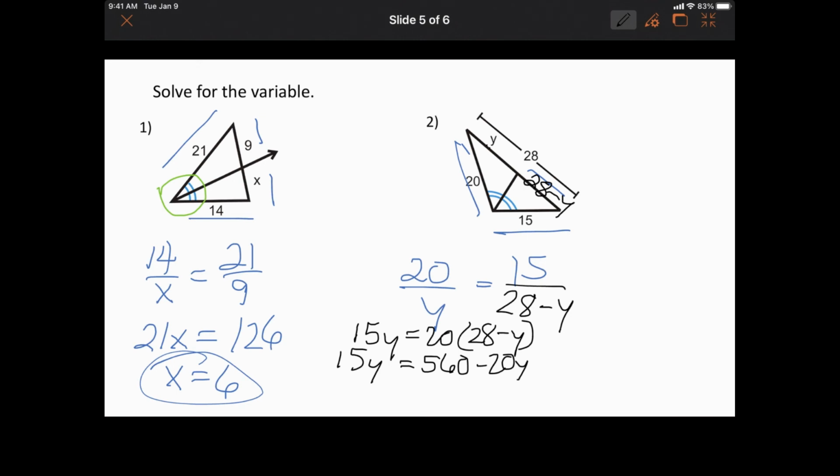Then I'm going to add the 20 to the other side. Oops, that's not right. 20 plus 15 is 35. Okay, so y equals 16.